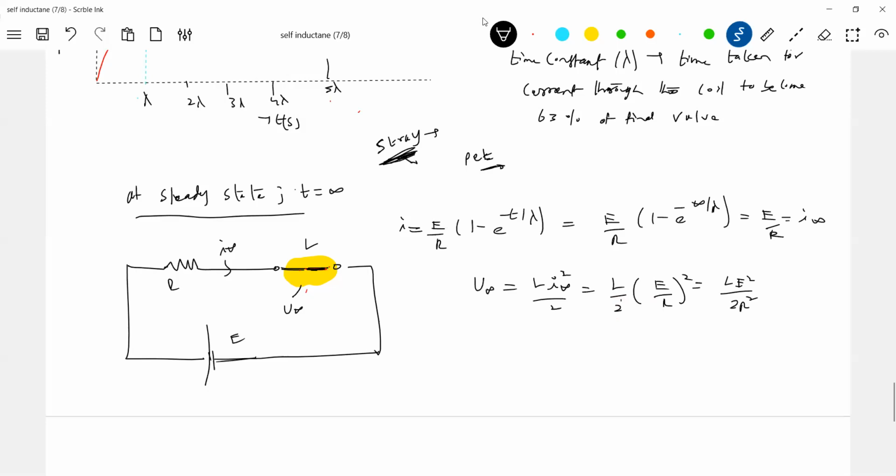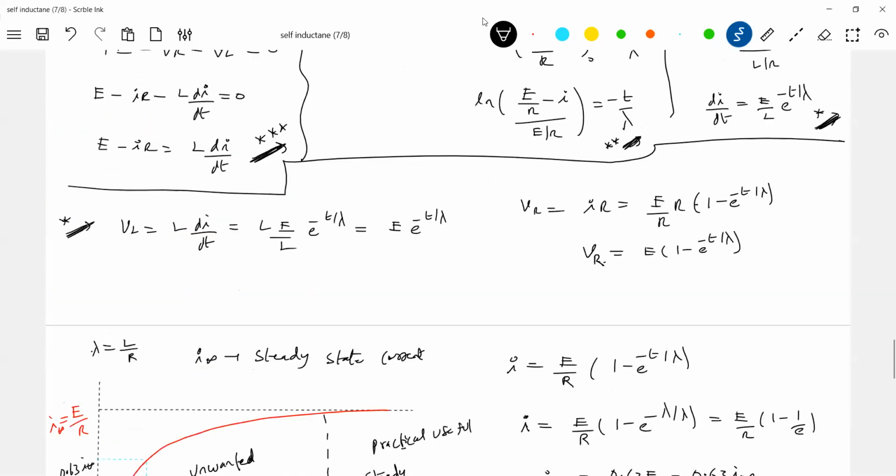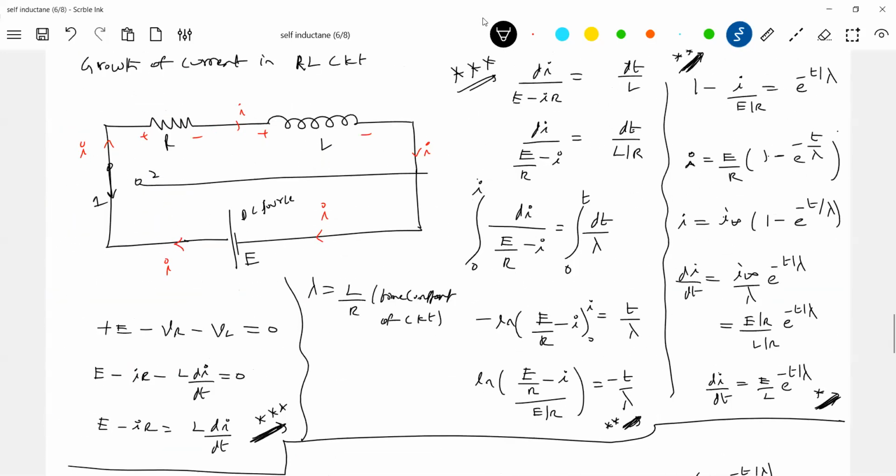So at steady state, the inductor behaves as a short circuit. Okay, now after steady state, what do I do? I'll come back to this. At steady state, the switch is thrown from 1 to 2.